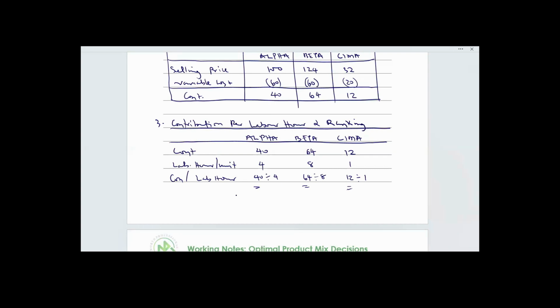So what do you have? 40 divided by 4 is 10. 64 divided by 8 is 8. 12 divided by 1 is 12. Therefore, we need to rank this.